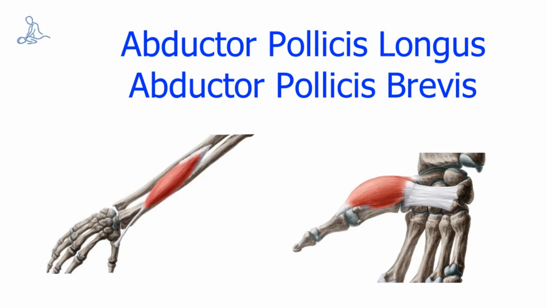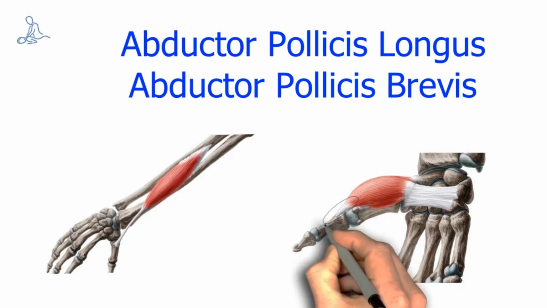The origin of the Abductor Pollicis brevis is the posterior carpal ligaments. The insertion of the Abductor Pollicis brevis is proximal phalanx of the thumb.